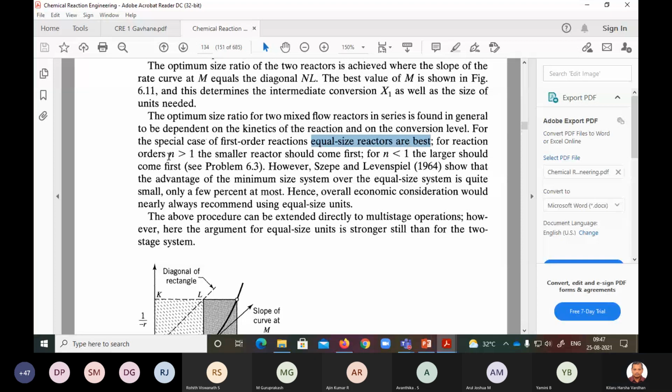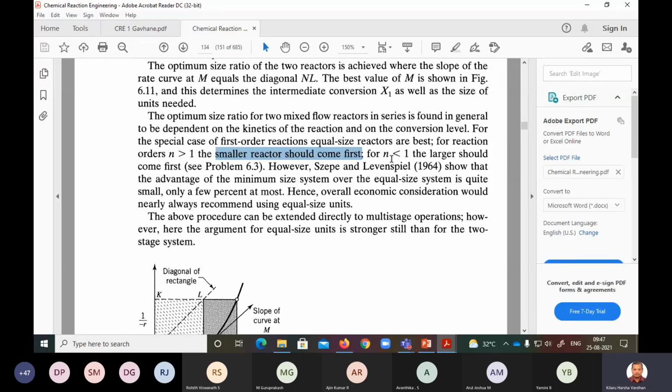Generally, for orders greater than 1, remember, in the sense of 1.1, 1.2 like that, for all orders greater than 1, the small reactor should come first. If there are two reactors, one small and one big, it is always better to keep your small reactor first and then the big reactor.